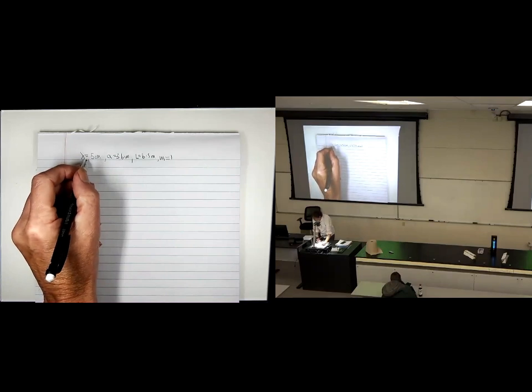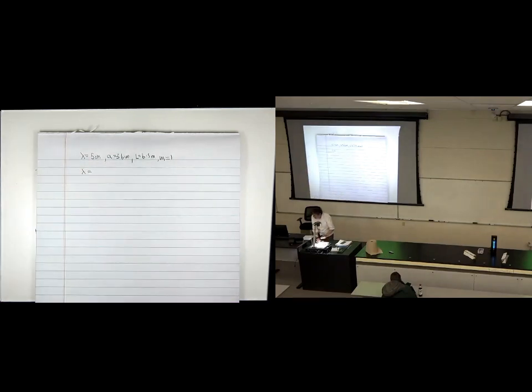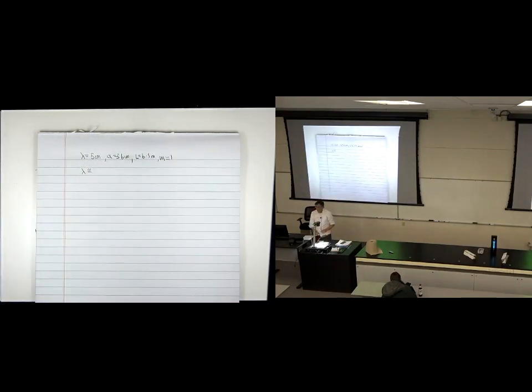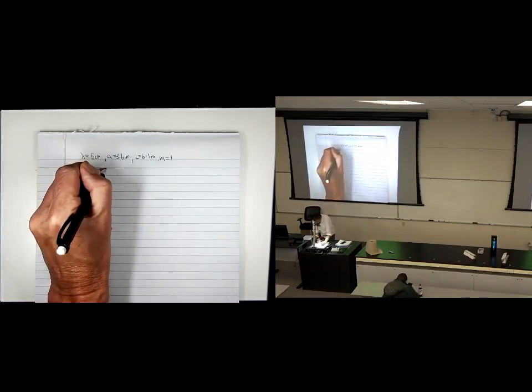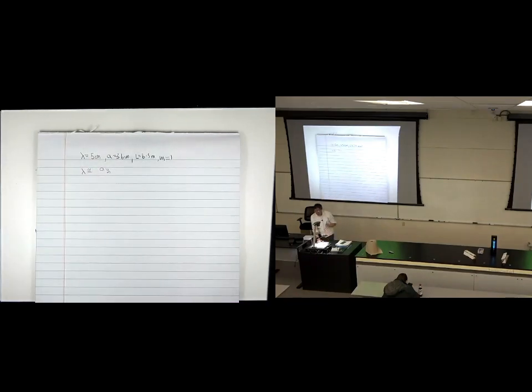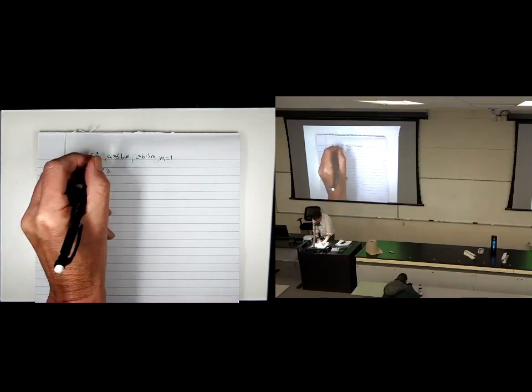So let's try it that way. So in that case, lambda, I should say, is approximately equal, because this does use a small angle approximation, would be equal to A times Y1, that's the location of the first dark fringe, divided by L.